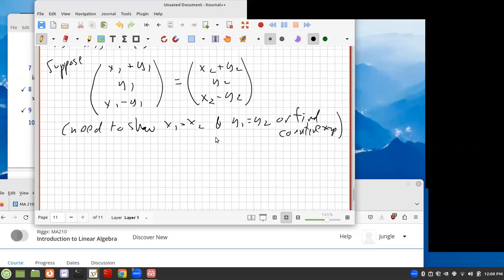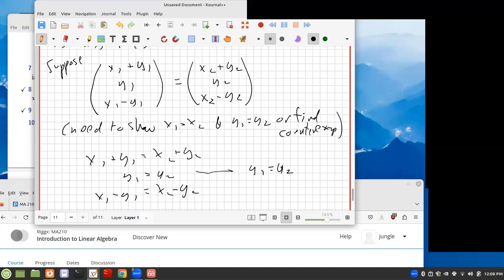Well, here, this equation gives you three equations. x1 plus y1 equals x2 plus y2. The second equation is y1 equals y2, and x1 minus y1 equals x2 minus y2. The second equation right away is just y1 equals y2.